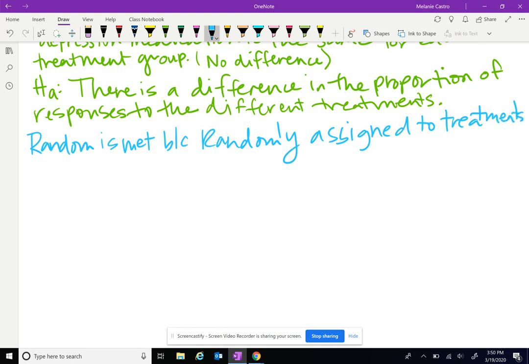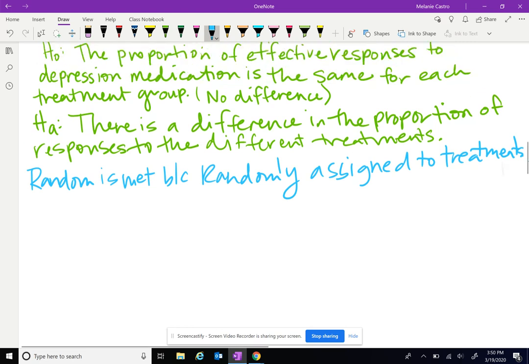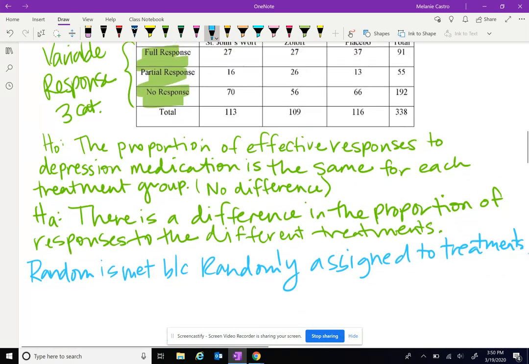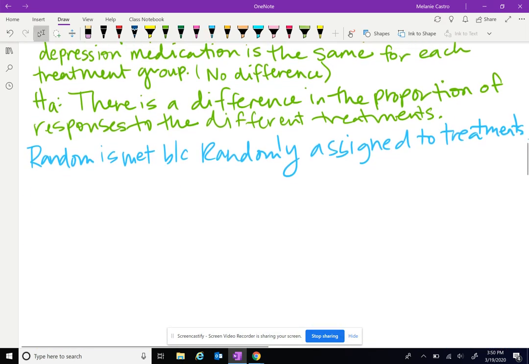It was a well-designed experiment. If you accidentally said random condition was met because they randomly selected, that's wrong. They said that they were using a study of people who were being treated, so these are most likely volunteers. All right.